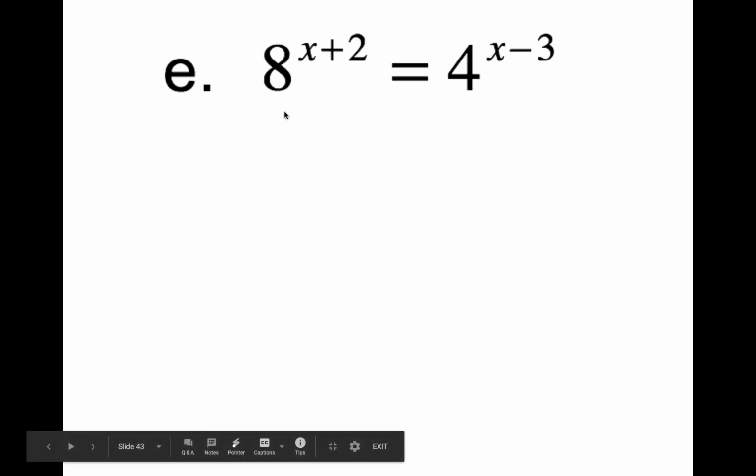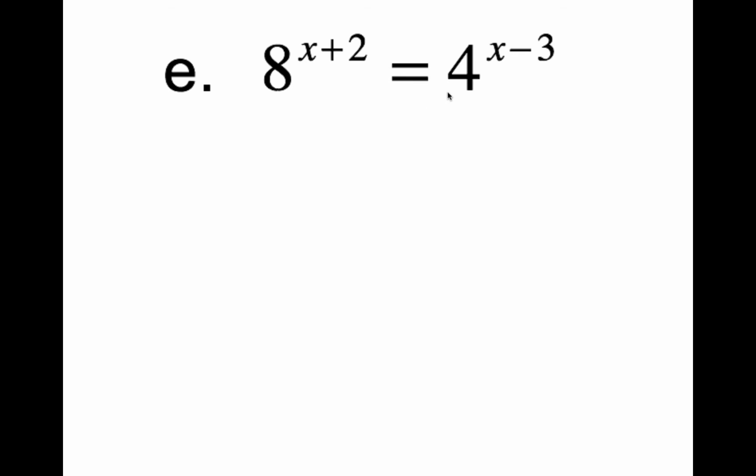For E, we're trying to go smaller. Notice I can't do 4 to a power to get 8, so I have to go smaller with both of my bases. So the smaller number would be 2. So 8 can be written as 2 cubed, drop the exponent, equals 4 can be written as 2 squared, drop the exponent.